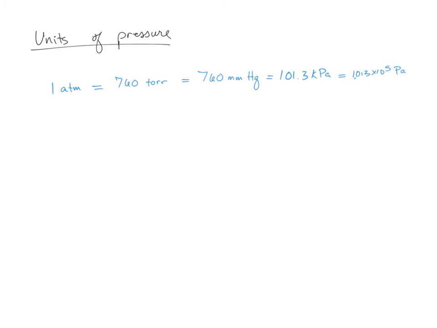If you needed to convert atmospheres into kPa, let's say you have 0.95 ATM. We know that 1 atmosphere, and this is exactly 1, so for the purposes of significant figures, remember this is a conversion factor, so don't limit by 1, equals 101.3 kPa.